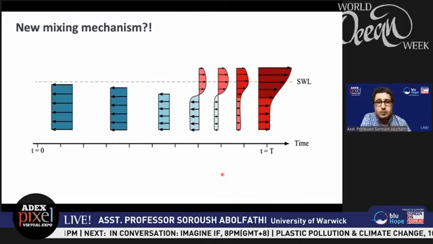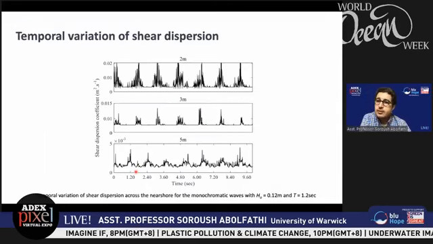And it came to my mind that instead of having a temporally averaged mixing, how about having variation of mixing in the time domain? So I started looking at this, and you can see the result, which is quite pleasing, because it showed me that actually the mixing at some stages is quite small, and then it goes down for a very short period, and then goes back to the background.